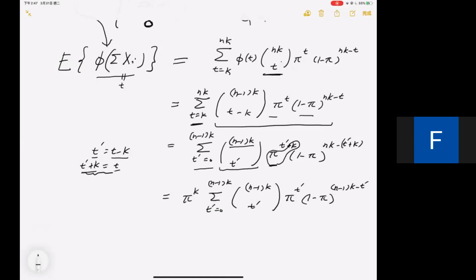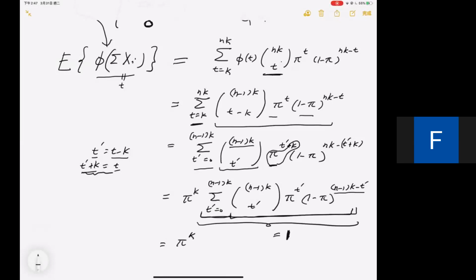If someone can write it, then the whole thing right here becomes the binomial PDF. The inside guy is the binomial PDF, and summation over the domain equals 1. Then this is exactly pi^k we are looking for as the unbiased estimator.